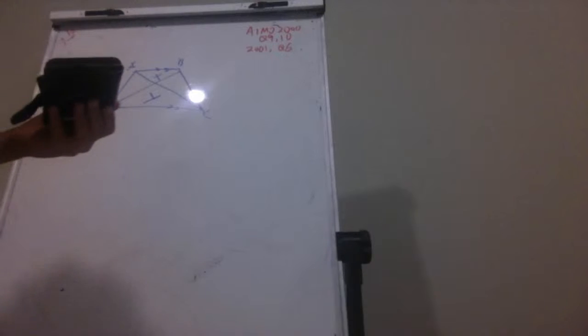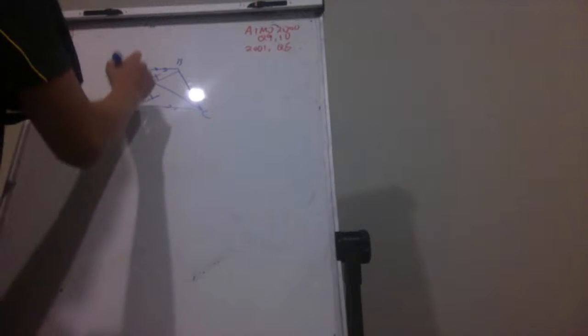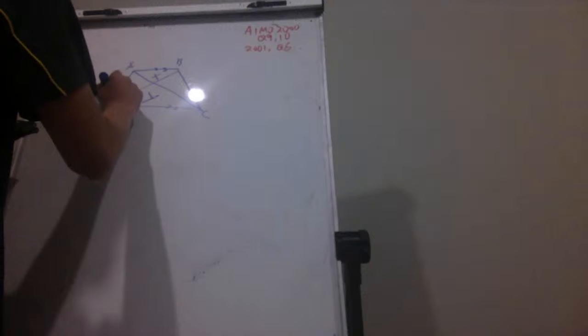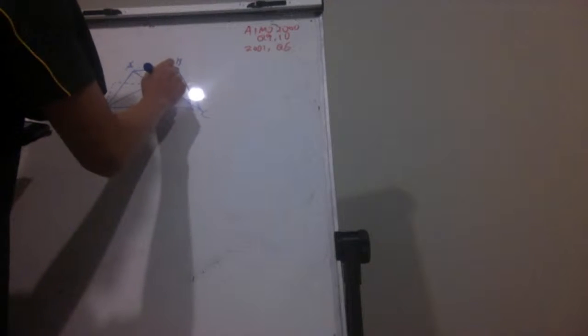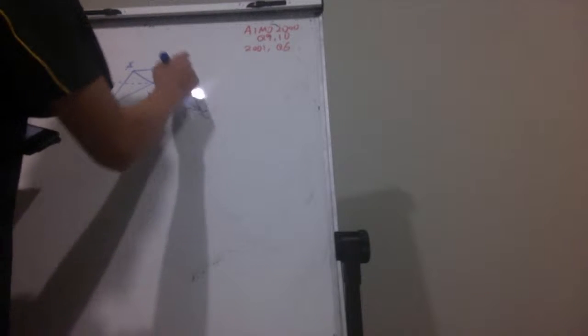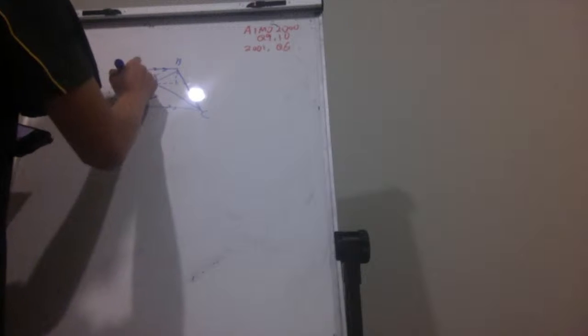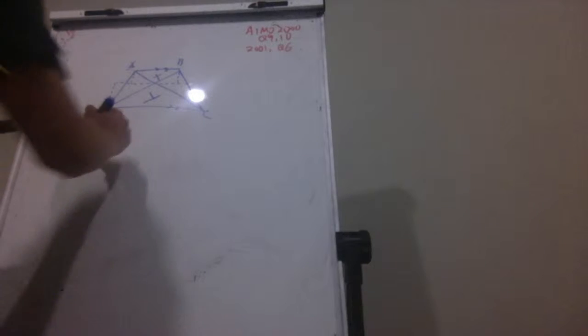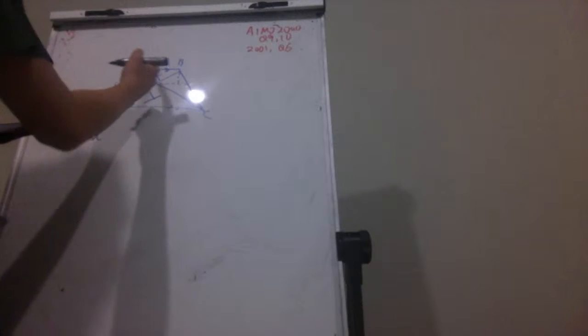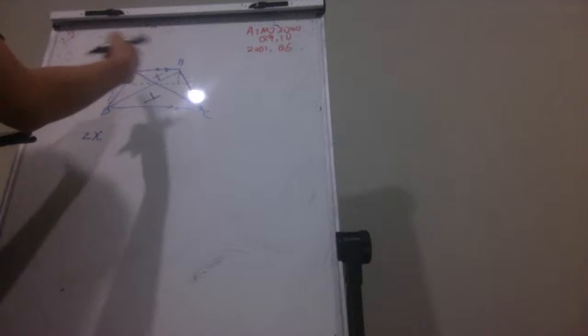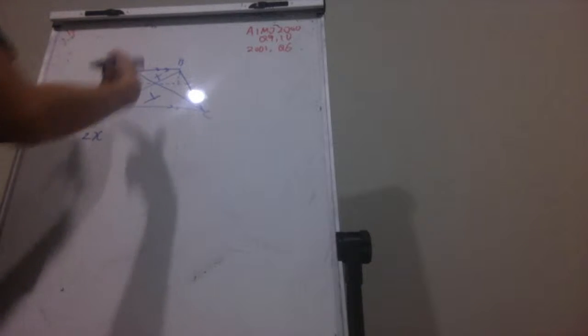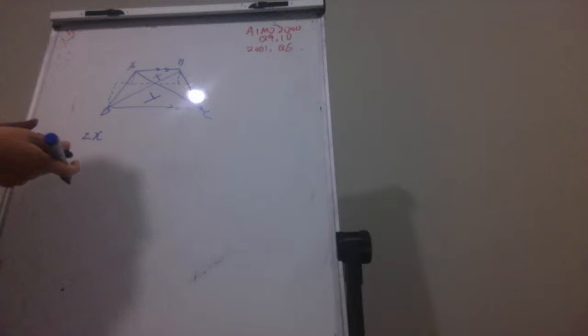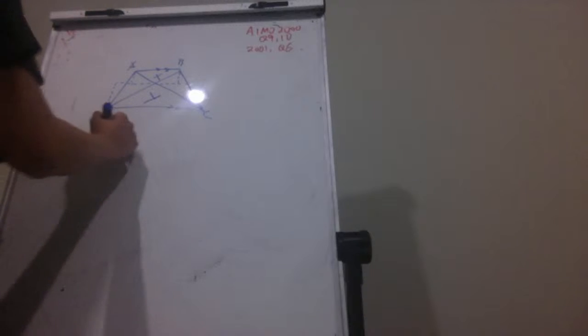So this is how I did it. First, I'm going to make a box. The area of this rectangle is 2x, because it has the same base and height as the triangle x.